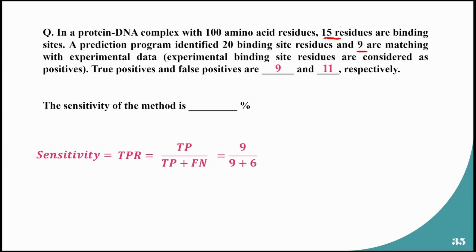So the remaining 6 of these 15 were not identified by the algorithm as being binding site residues, right? So those have been flagged as negatives, but falsely. That is why that is the false negative value here. So 9 divided by 9 plus 6, if you do this calculation, is 0.6, like 60%, so that will give you the sensitivity of the method, using the same kind of formula and the same kind of method.